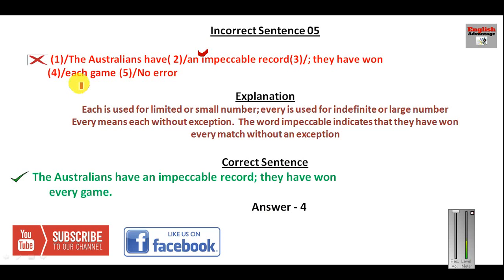Since we are talking about an indefinite number of games, you have to say every, not each, because each is used for a definite number or a small number. I have given the explanation also here. You can go through this. The Australians have an impeccable record. They have won every game. So in place of each, you have to say every. Your answer will be 4.